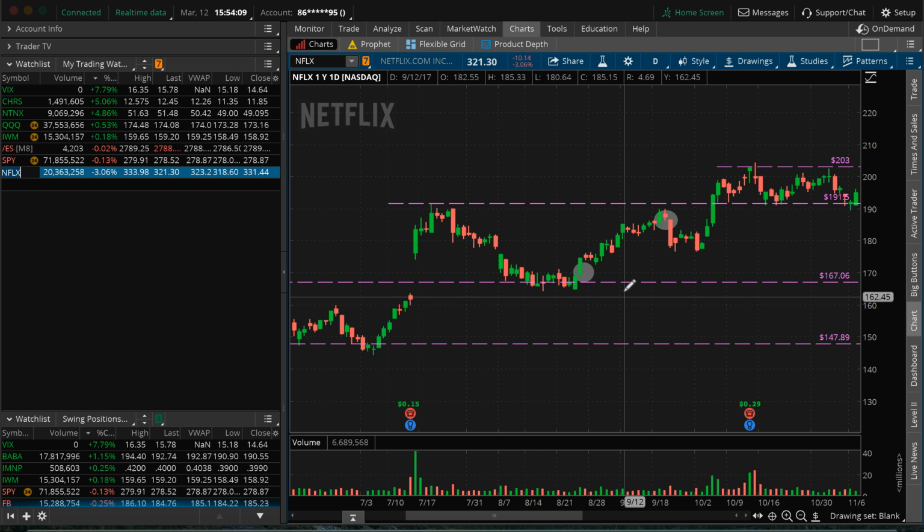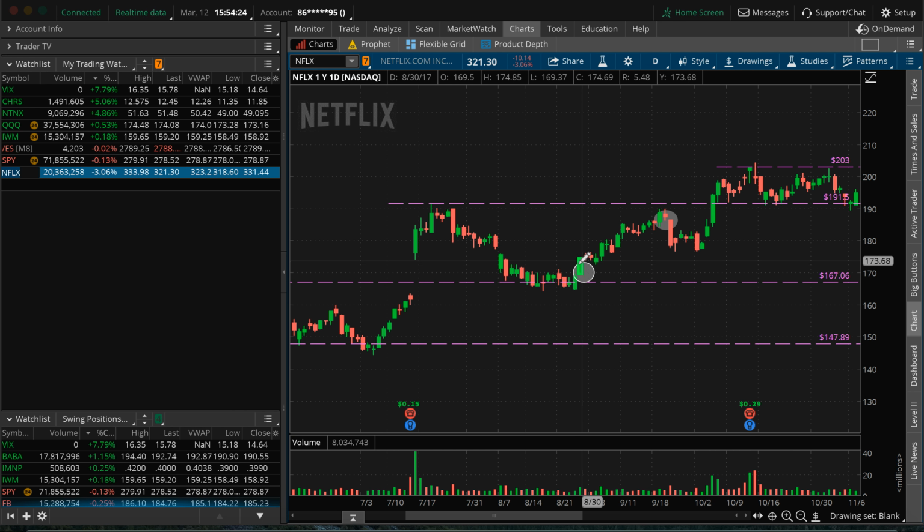Now here, if you would have bought it at 167, and then if your stop was around below that, around 165, you're risking $2 to make four.